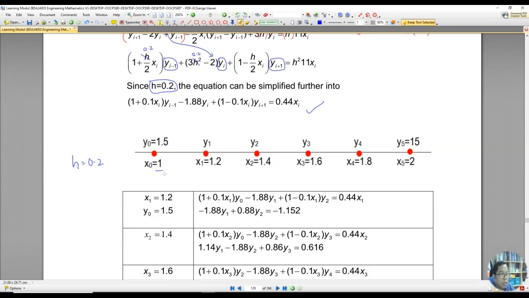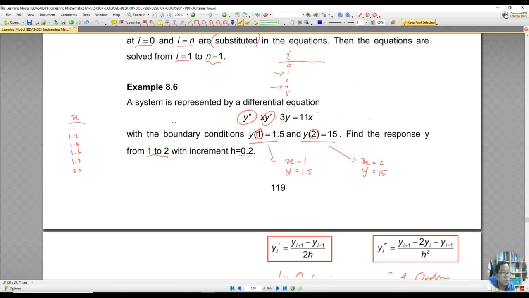So we start from 1 until 2, but the rest is based on the value of h, which starts from 1, 1.2, 1.4 until 2.0. And these values we already know based on the question.